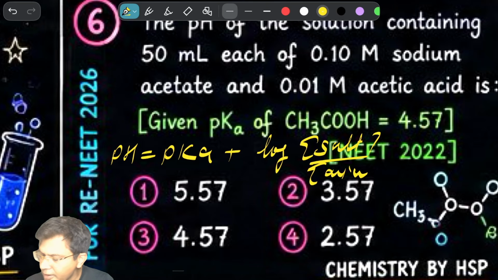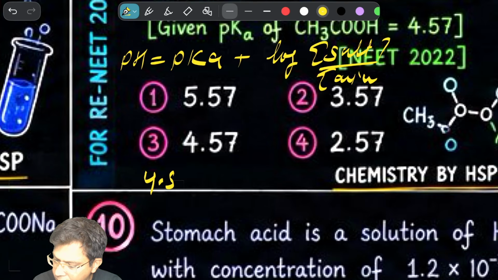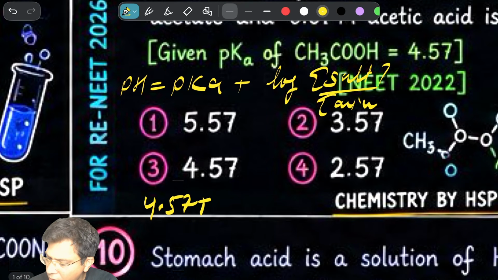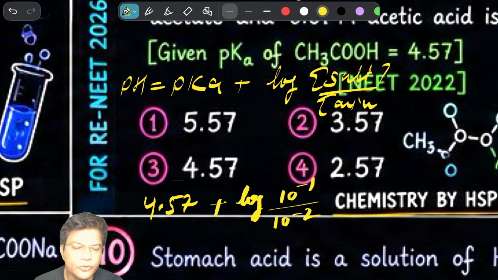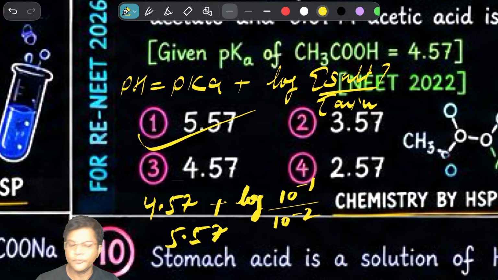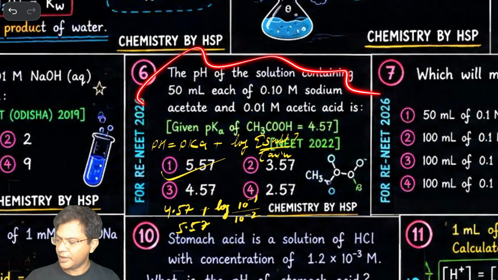So pKa is given, 4.57. 4.57 plus log, salt is 10 to the power minus 1, acid is 10 to the power minus 2, minus 2 will go up and become plus 2, plus 2 minus 1, so 10 to the power 1. So log 10 is 1, so 4.57 plus 1, 5.57 will be the answer. The first is going to be the correct answer. You got it, everyone? Have you seen this question? Is it clear? I hope it's clear to each and everyone.